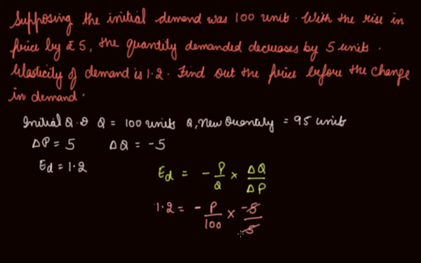So this is cancelled by this 1, minus minus becomes plus. So 1 by 2 is equal to price by 100. So we can calculate it as 1 by 2 into 100 is equal to your price.